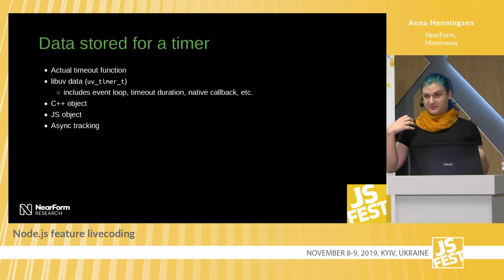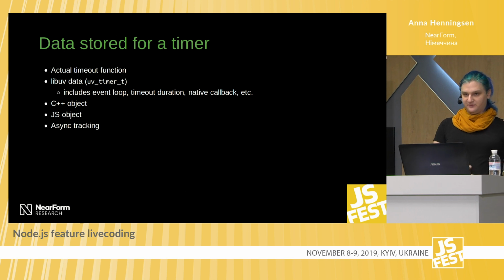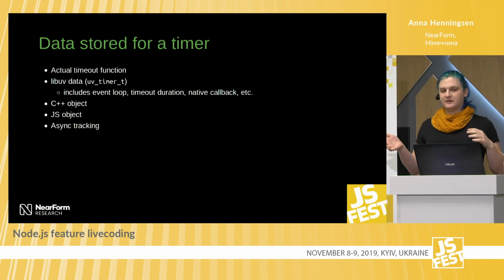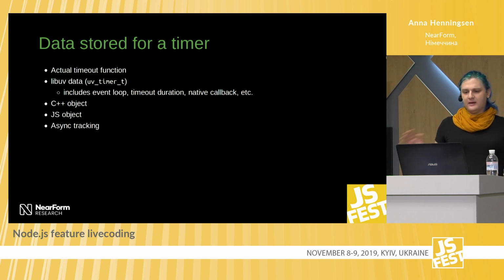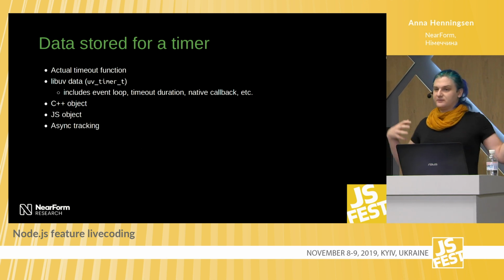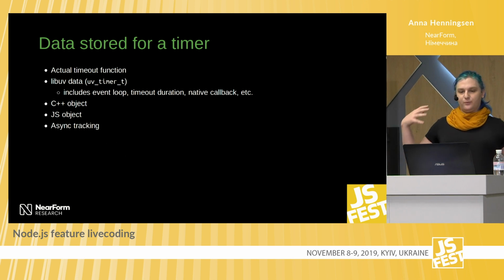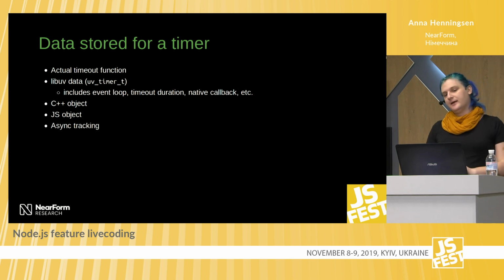We also need something to integrate with the event loop. And libuv provides this C data type, UV_timer_t. That includes a bunch of information like the timer duration, and the event loop that this is associated with, and a bunch of other stuff. Because that is written in C, we need a C++ object. And we need some way to associate C++ and JavaScript objects together.